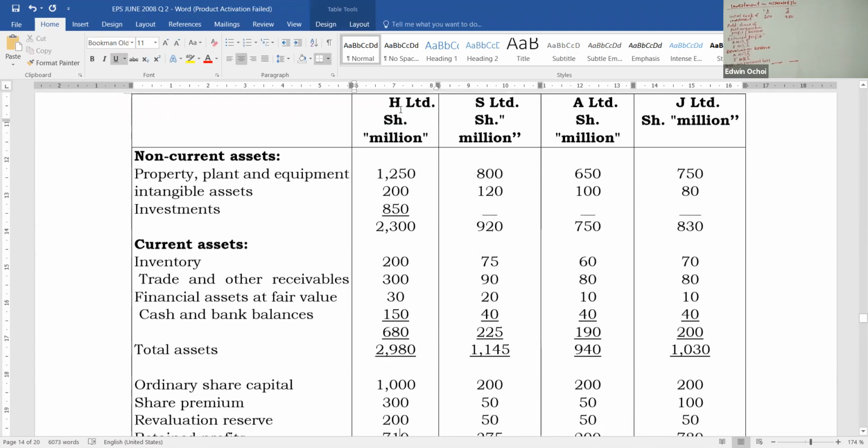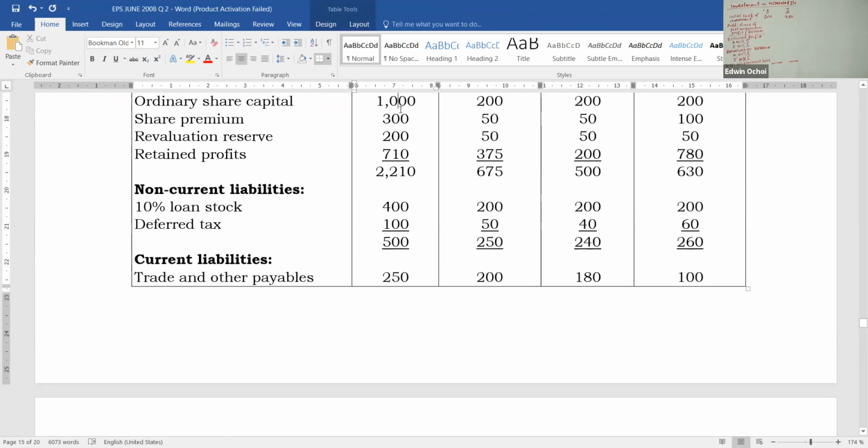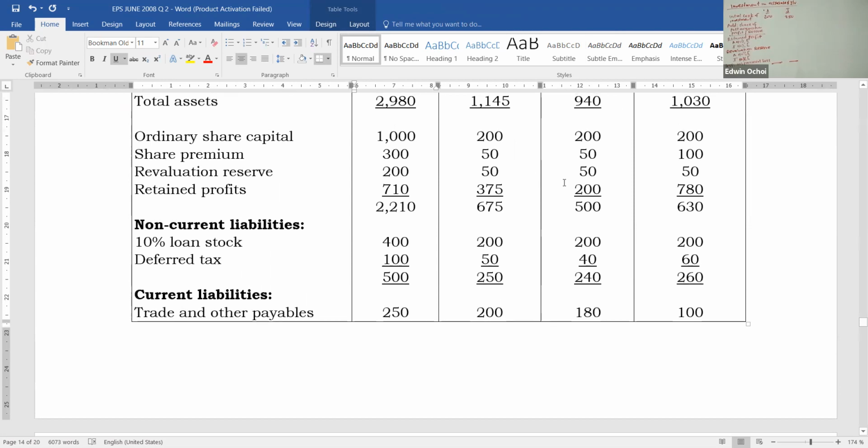The retained profit as at the end for A was 200, and for J this is 280, not 780. So these are the relevant retained earnings at the end.